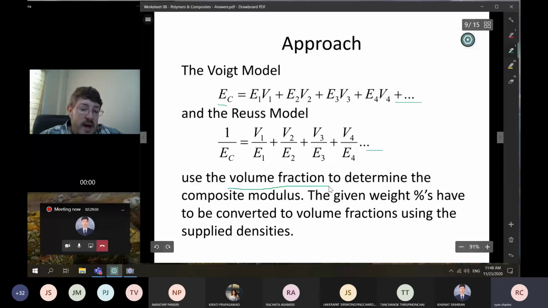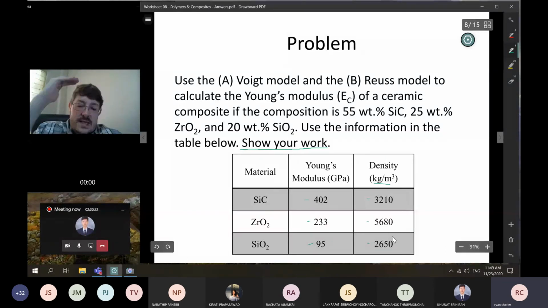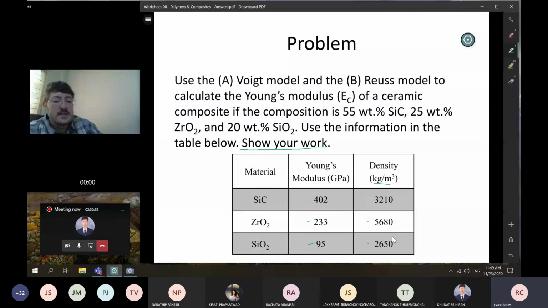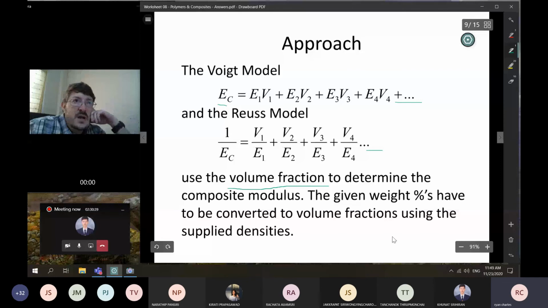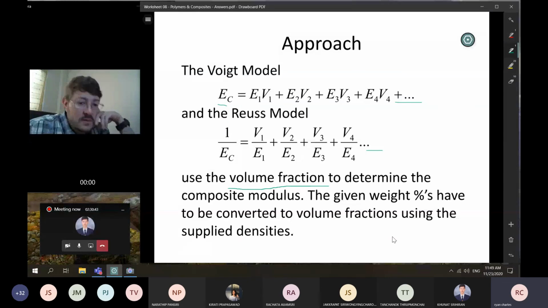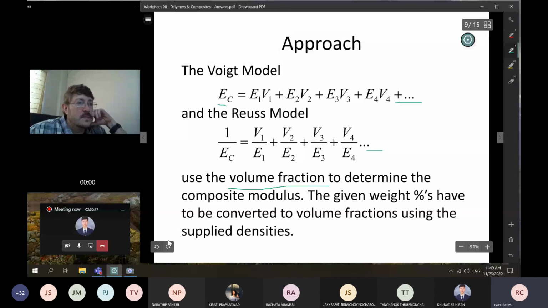But if you had tungsten and aluminum, very different. That's also a good thing to learn: what are the little tricks you can do to speed things up? If you have very similar densities, you don't have to convert necessarily. But you only know that after making a few mistakes.